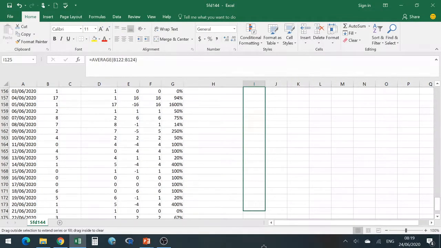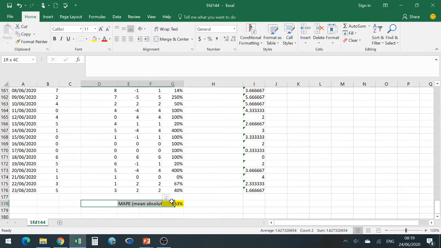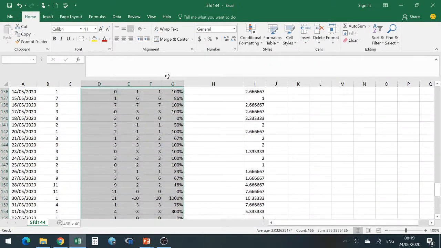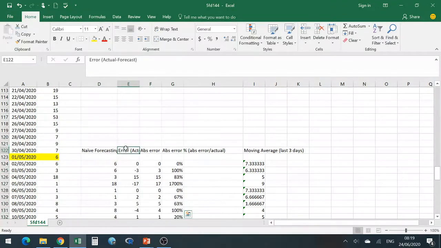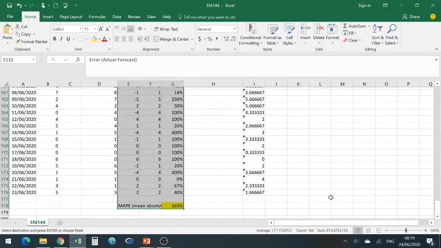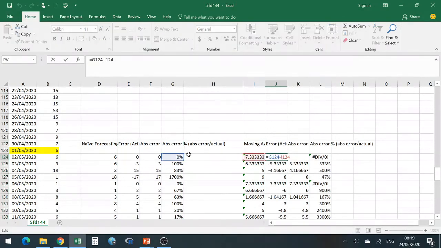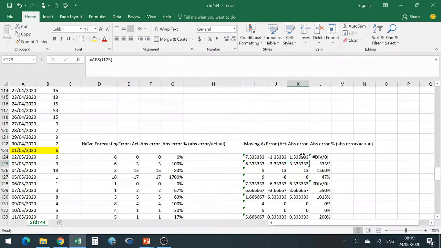We take it like this, same thing, and the rest of the procedure is the same. The way we evaluate our forecasting is the same. I just copy and paste, and change this to the actual number.